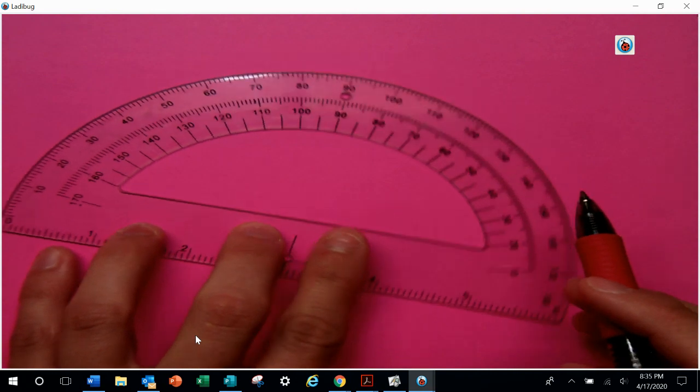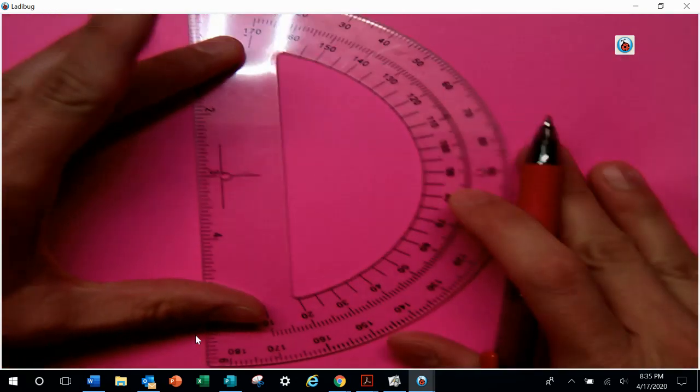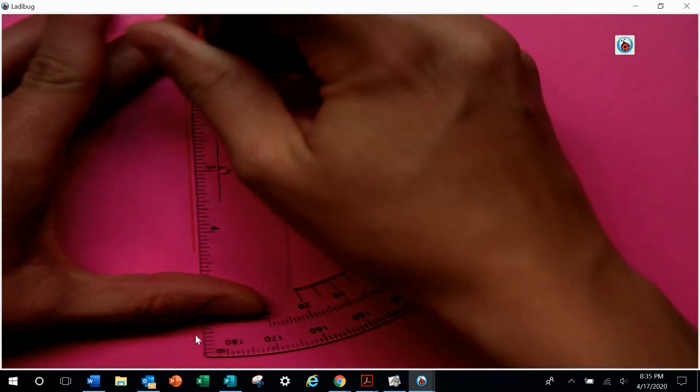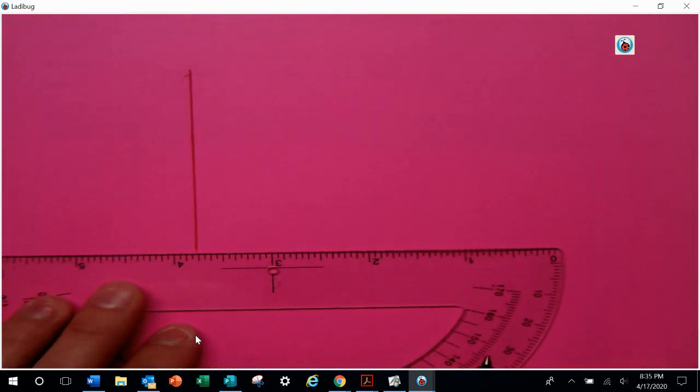So for example, I'm gonna draw a line here, and I'm going to draw another line here. You do not need to do this.